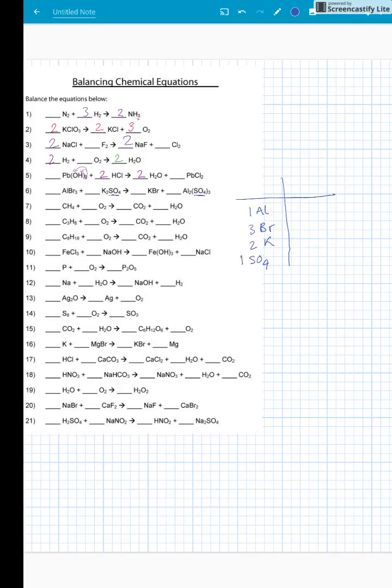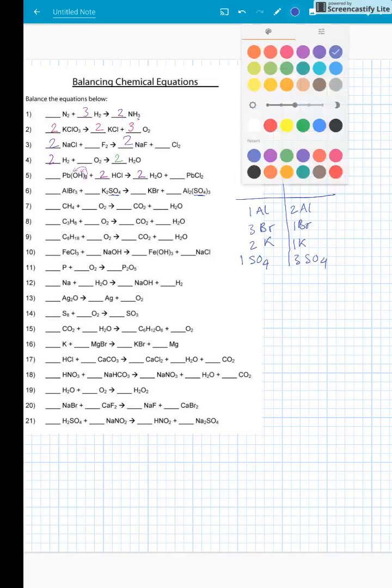We have 1 SO4. On the other side, we have 1 K, 1 Pb, 2 aluminums, and 3 SO4s. Holy hell. Okay.